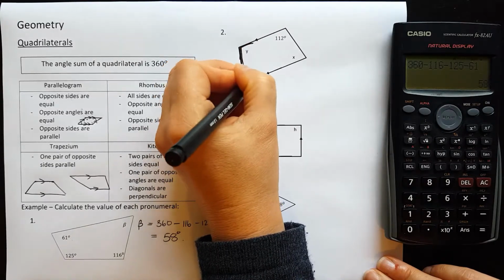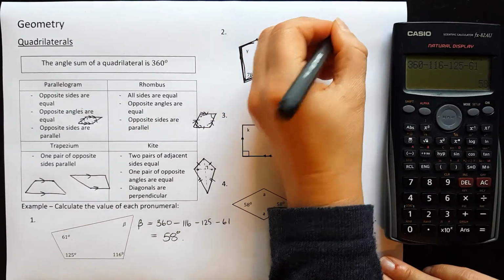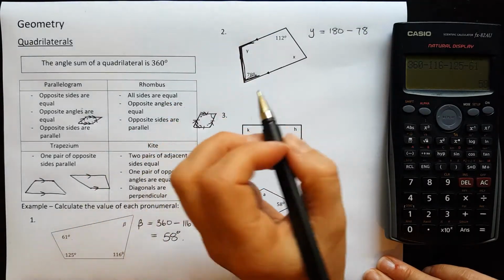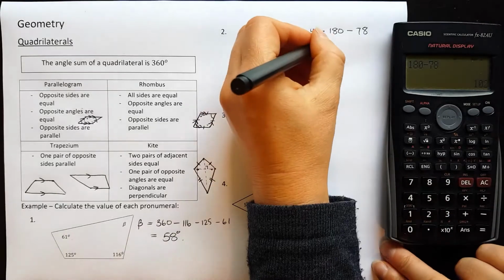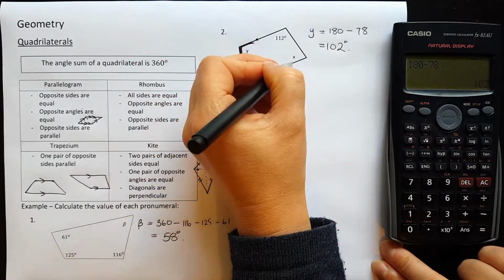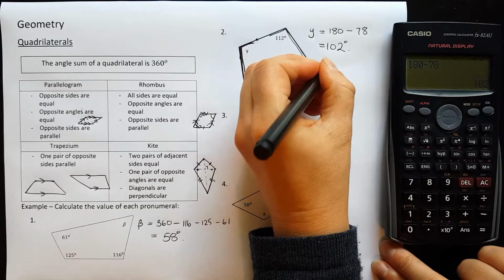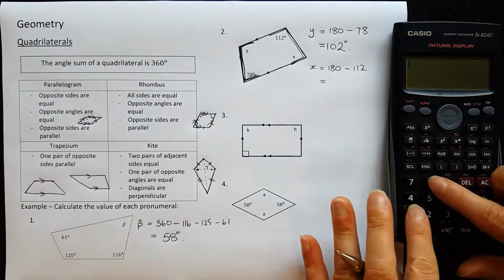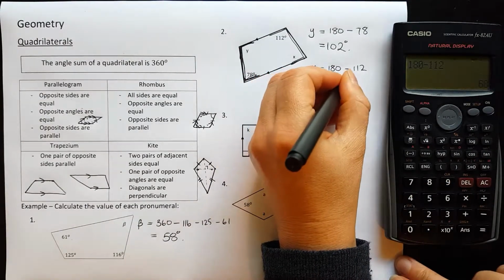They are co-interior angles, so I could find y by doing 180 minus 78, because co-interior angles add to 180 degrees. So 180 minus 78 is 102 degrees. We can do the same thing over here, just going backwards C. x is going to be equal to 180 minus 112 because of co-interior again, which is 68 degrees.